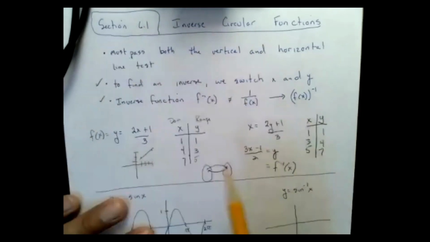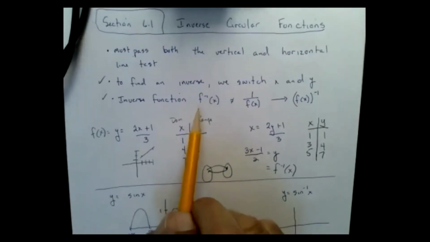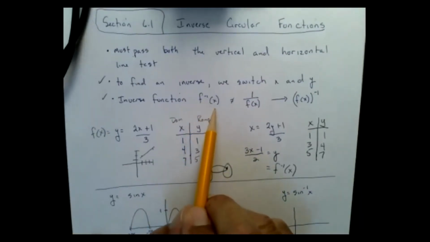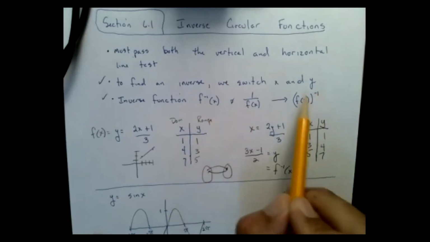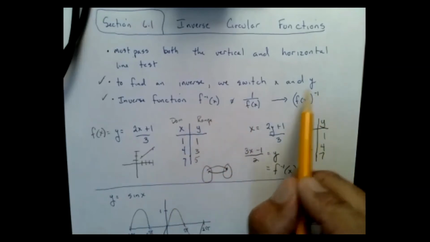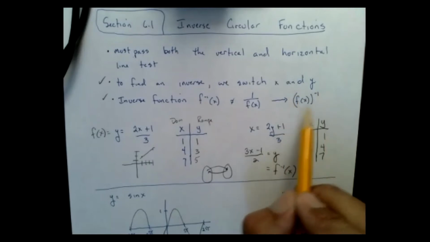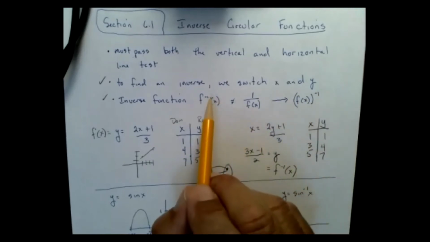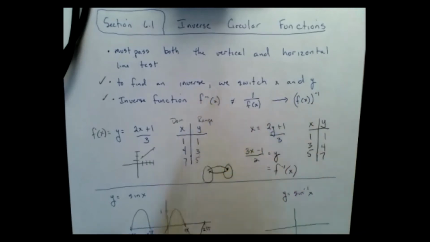And that's the second bullet. An inverse function is f to the -1 of x, which isn't this. You know, -1 means to flip it, but this would be the whole function to the negative first power. This is special notation to represent inverse. And again, college algebra. So we're going to build on all of that you learned way back when, and apply it to functions.